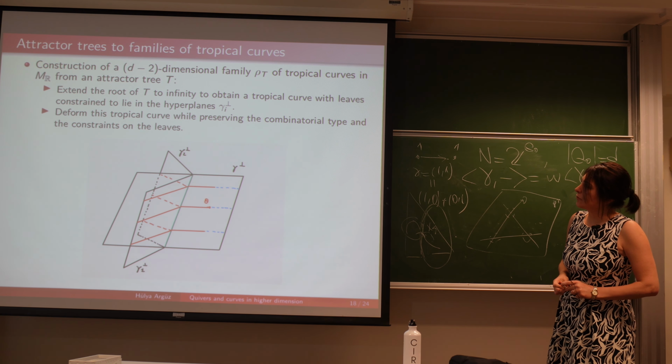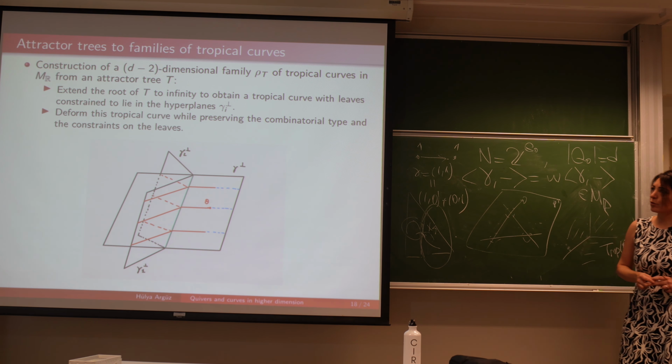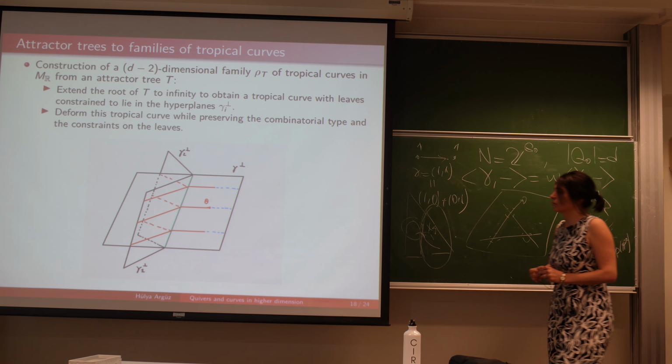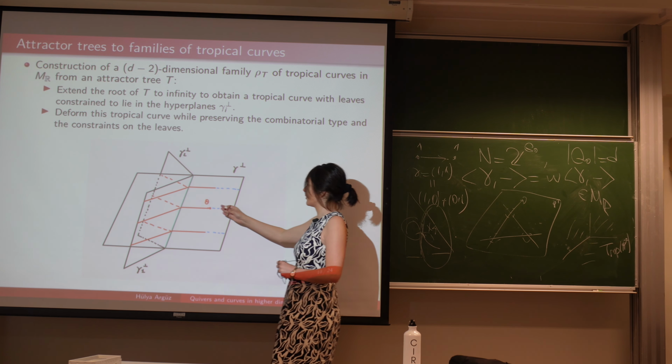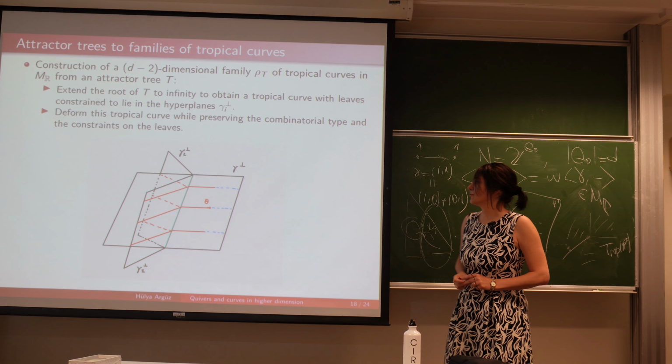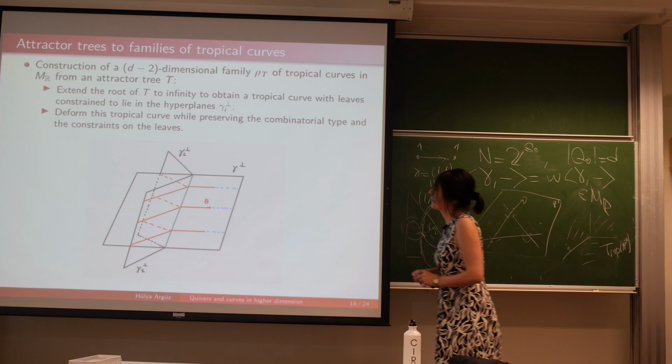Okay, so how can we construct d-2 dimensional tropical curves naturally if we do quiver DT theory? I mentioned there are these flow trees arising in your space of stability conditions for your quiver.